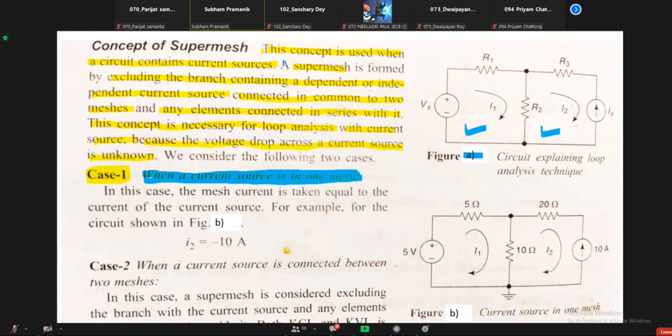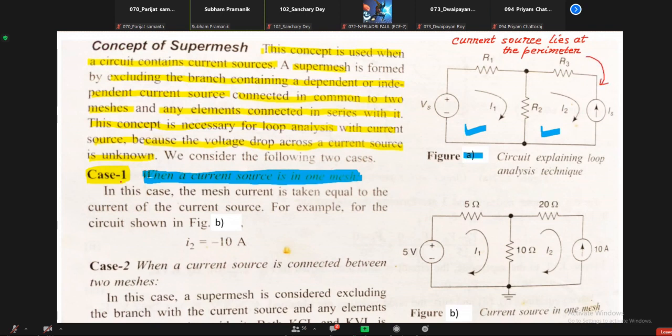Sometimes we describe this situation by saying the current source lies at the perimeter. As you can see here, this current source lies at the perimeter of the circuit.